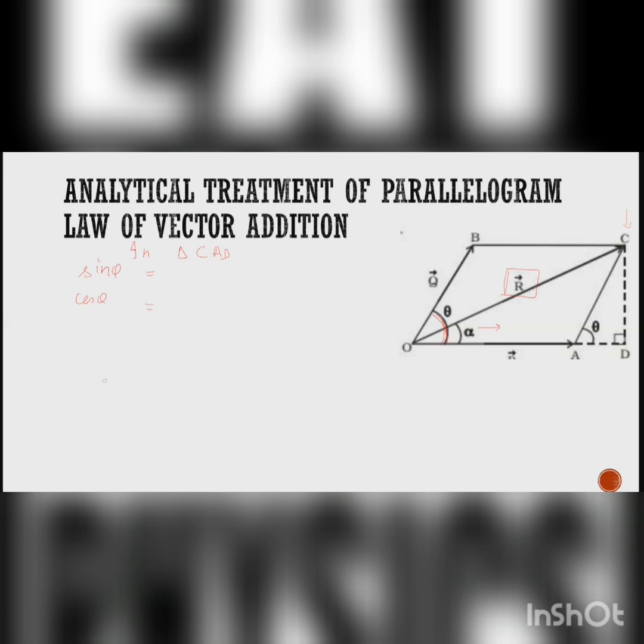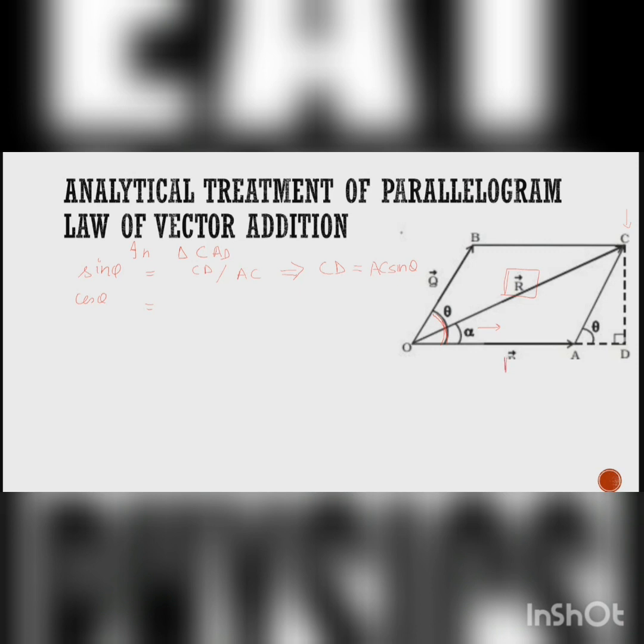So perpendicular upon hypotenuse would be CD upon CA. So it would be CD divided by AC, right? Yes. So this implies that I can write CD as AC sine theta.